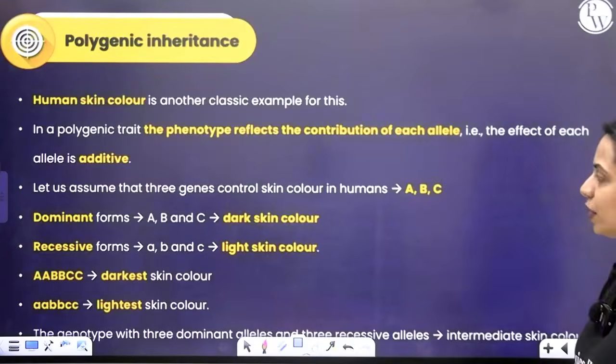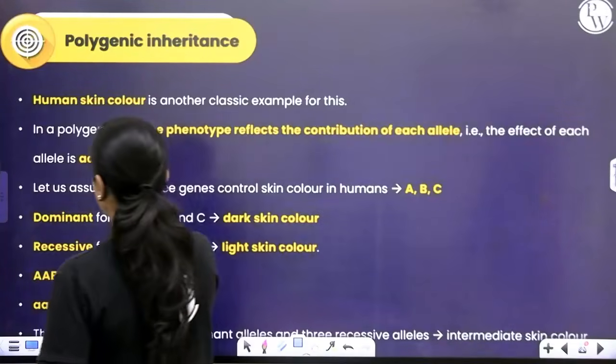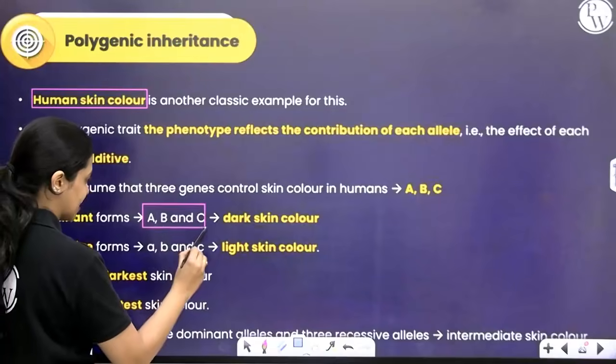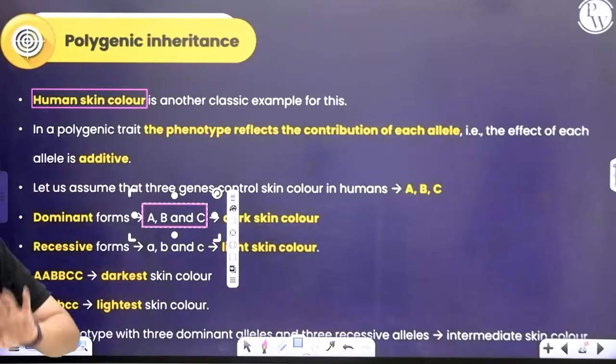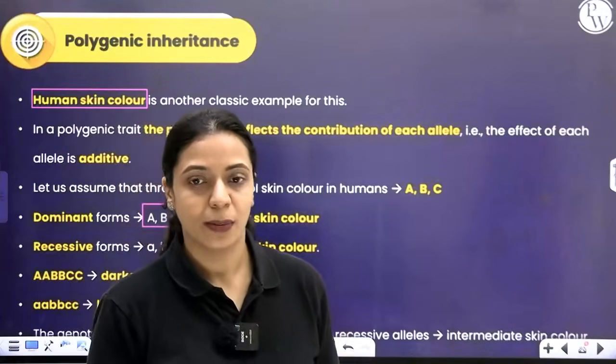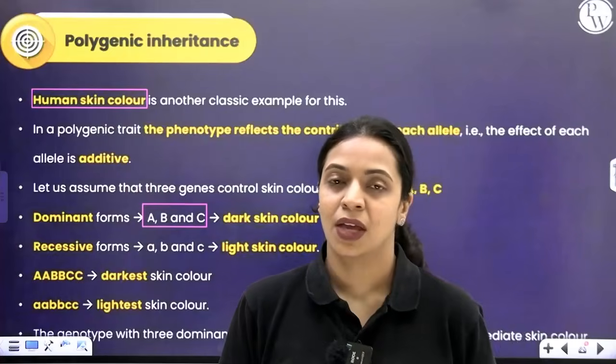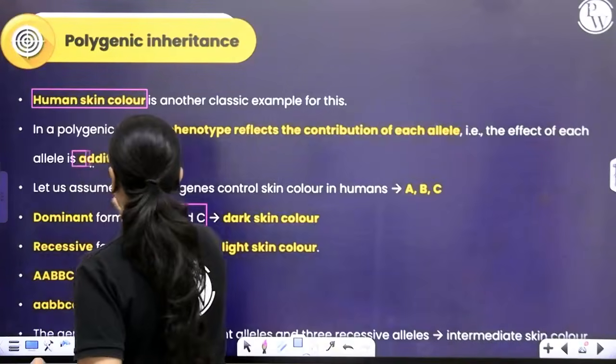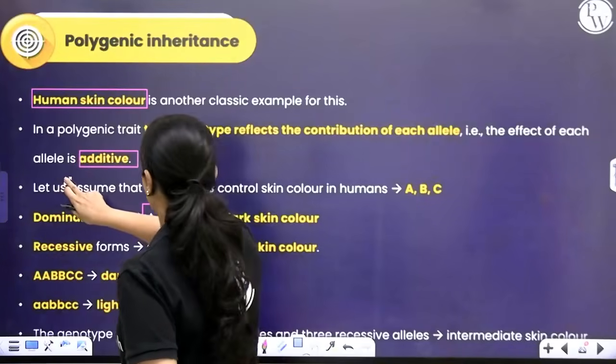Let's take the example of human skin color. Let's assume the human skin color is controlled by 3 different genes, A, B and C. It can exist in dominant or recessive form. Capital ABC is dominant, lowercase abc is recessive. Now I want you to understand how polygenic inheritance is quantitative or additive.